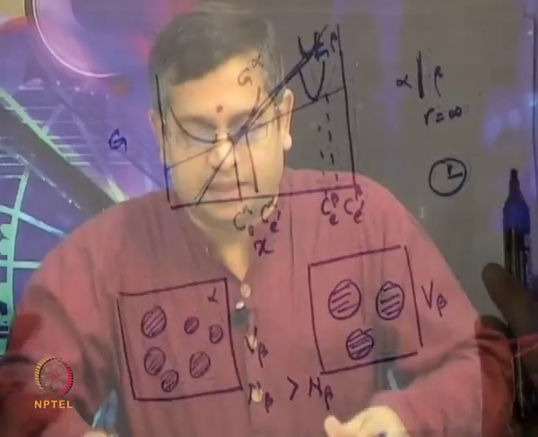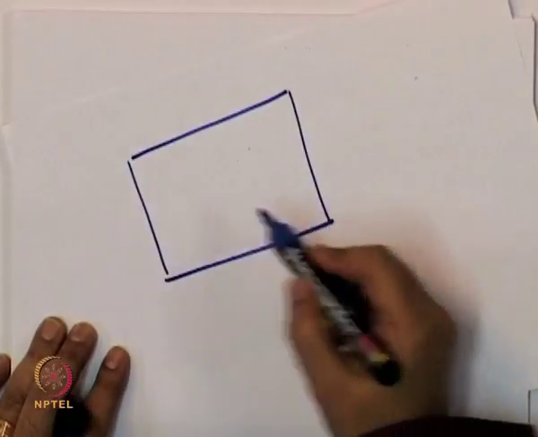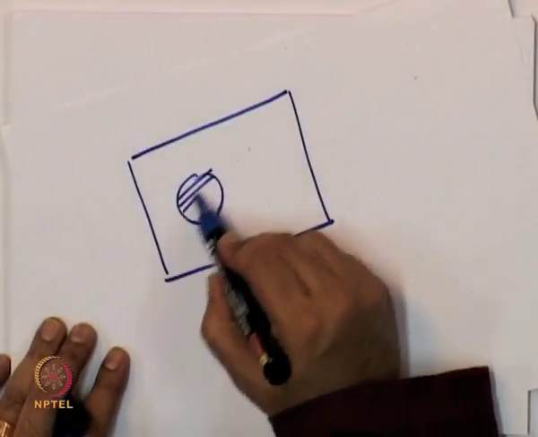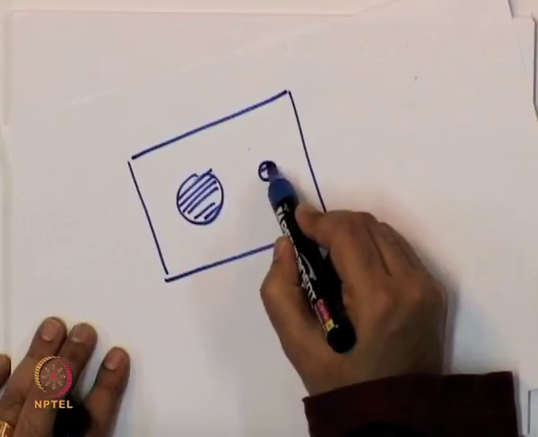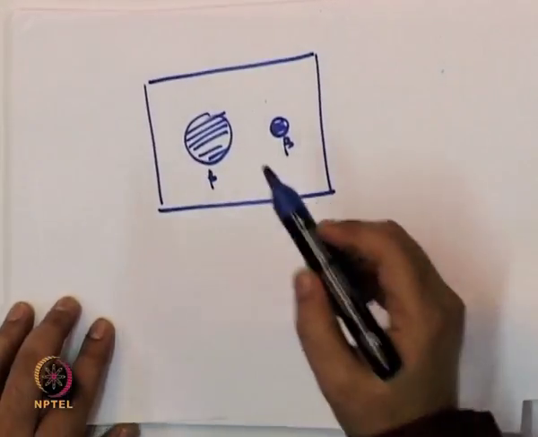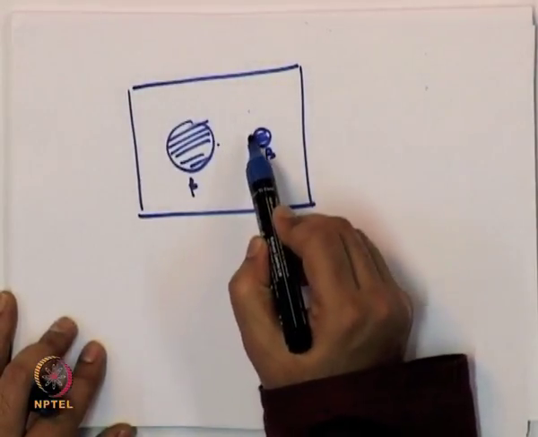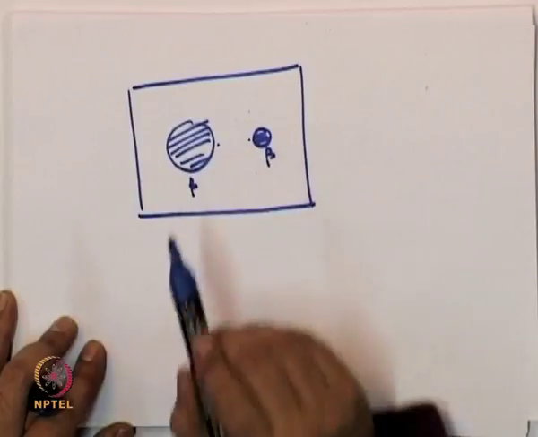So, how do we explain that? Let us take a look at the case where I have say one big beta precipitate and one small beta precipitate. Now, I want to find out the composition of the alpha phase outside of this precipitate.